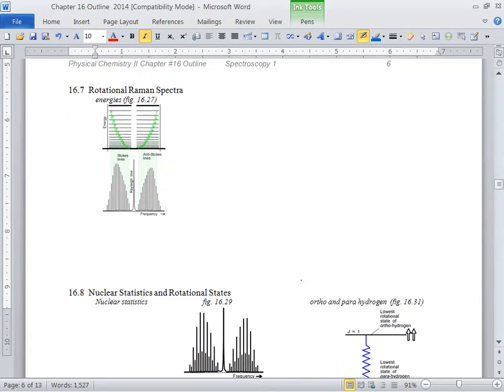Rotational Raman spectra. Let's back up a little bit. If you're using the FTIR, what must that molecule be exhibiting to absorb heat? What must that molecule be exhibiting?